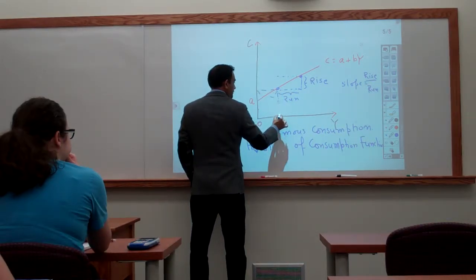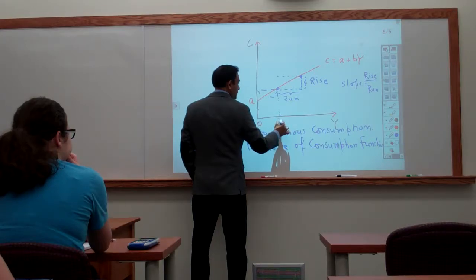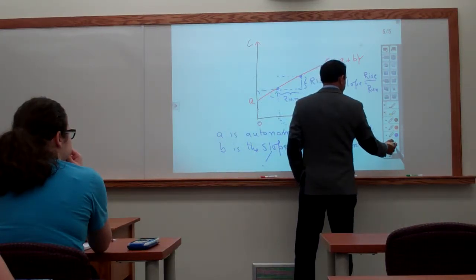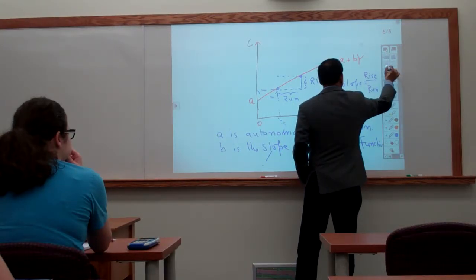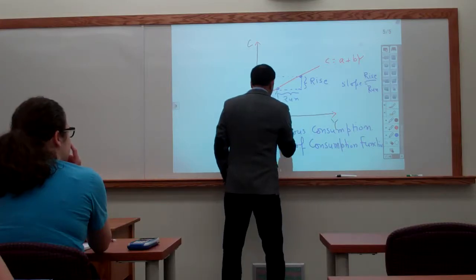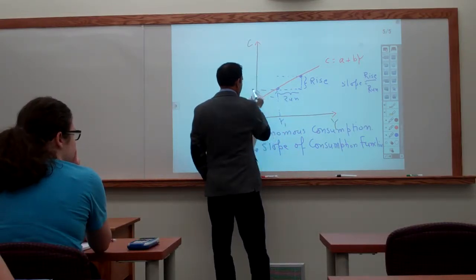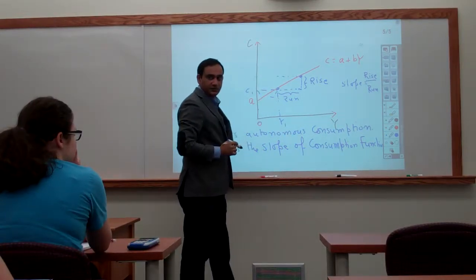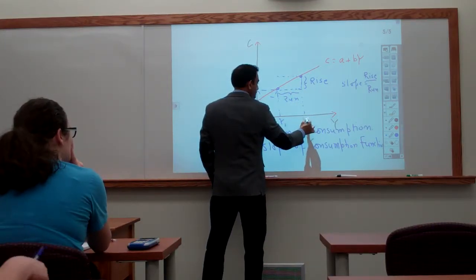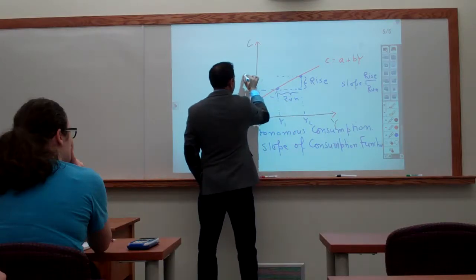You got one coordinate here, let's say y1, and that's your c1 over here. Another one is this one, y2, and that's your c2.